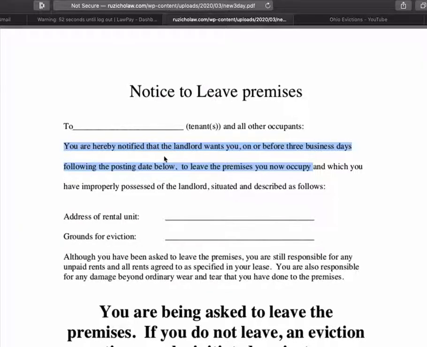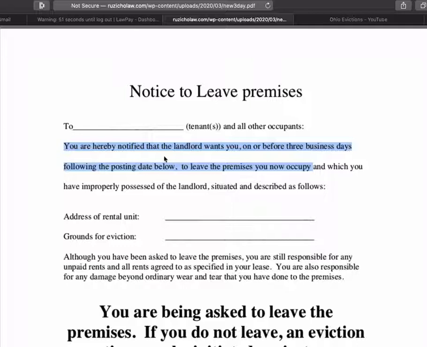However, if the tenant leaves during the 3-day notice period and hasn't left anything of any value behind besides trash, and that would be items that even a judge would consider trash, and judges are probably pretty liberal in their construction of what constitutes trash, you can take the premises back, reclaim the premises if the tenant has completely moved out.